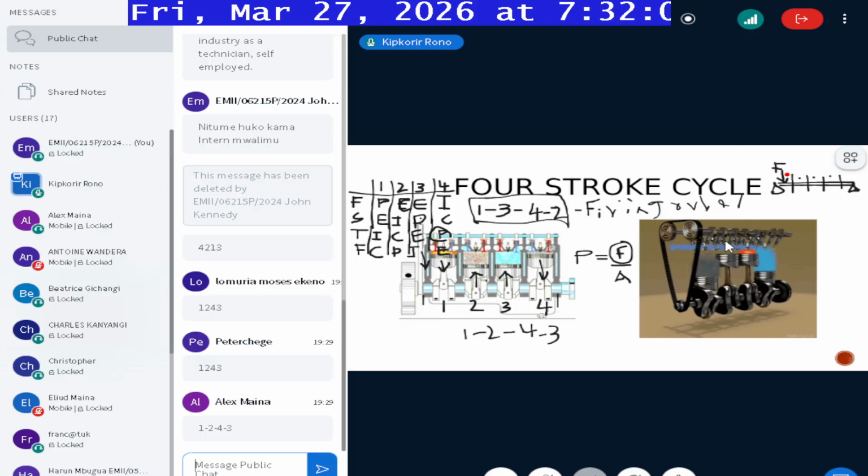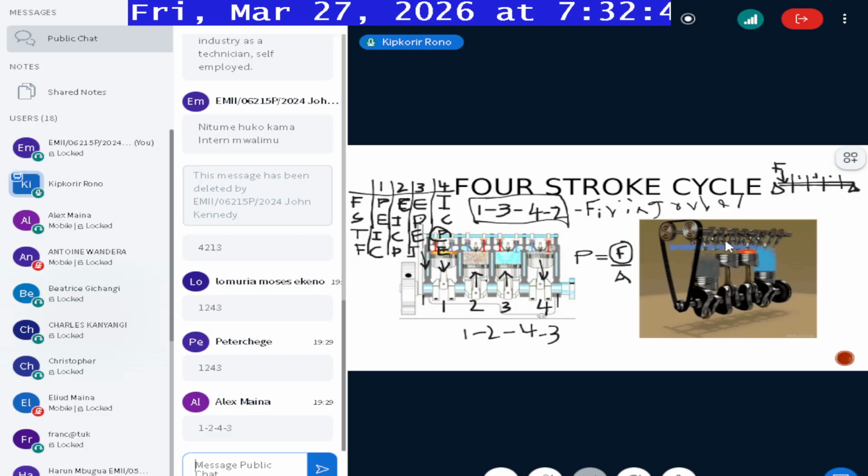Generally, if the first one is 1, then you go to cylinder number 3, then cylinder number 4, then you come to cylinder number 2, and then you come to 1. Then you jump to 4, 2, 1, 3, 4, 2, like that. That kind of alternation is usually a very good way of ensuring even stress distribution on the rotating crankshaft. So it's a very important and critical thing.